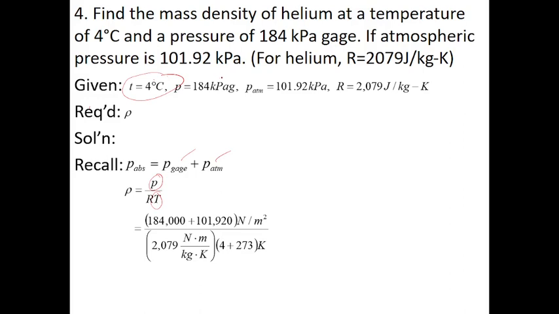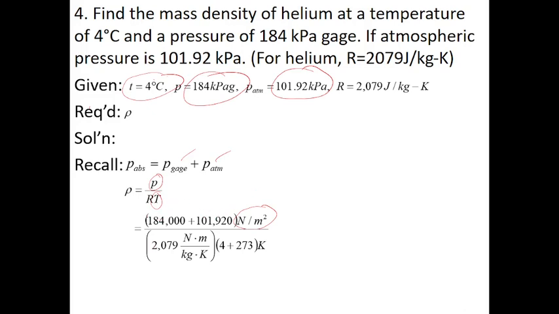Now, with that, we have here the pressure should be in absolute form. So the kilopascal gauge, which is 184,000 Pascal, and Pascal is converted to Newton per square meter because 1 Pascal is 1 Newton per square meter. And we add the atmospheric of 101,920 Pascal or Newton per square meter. So that this will now be in absolute form, adding the atmospheric pressure and the gauge pressure.